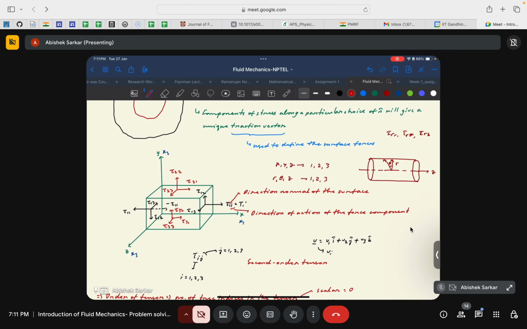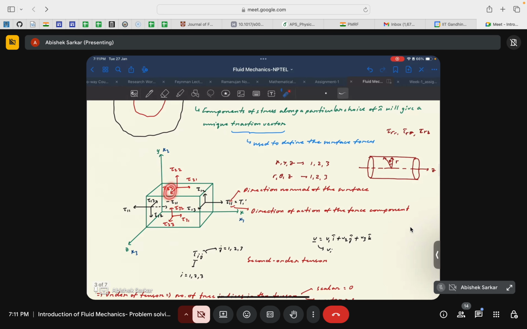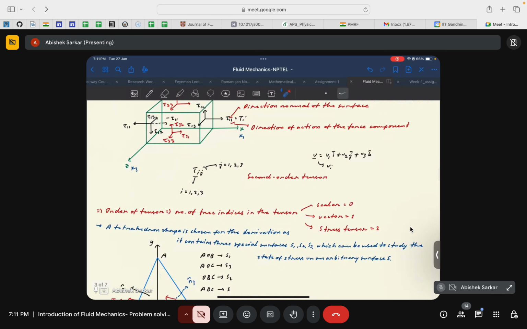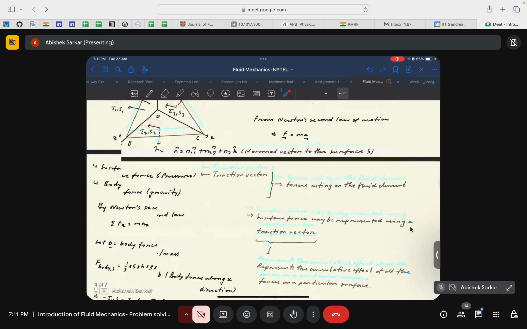So along the y direction the components would be tau 12, tau 22, and tau 32. Okay, similarly in the z direction, tau 33, tau 23, and tau 13. Okay, so if you find the respective traction vector components along the directions, you will get similar results.